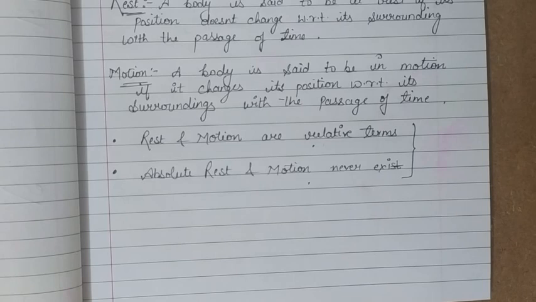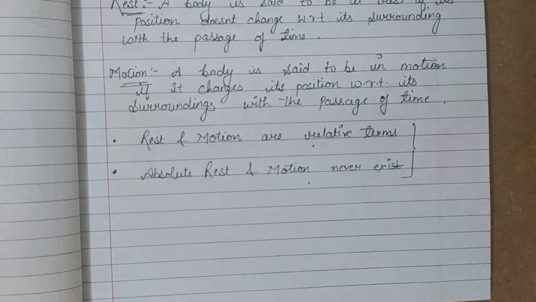That statement is incomplete. We have to mention that this object is at rest with respect to observer O, or this object is in motion with respect to observer O dash. So basically we have to give a reference point, a frame of reference in which we are talking about rest and motion. That is the first statement, that rest and motion are relative terms.